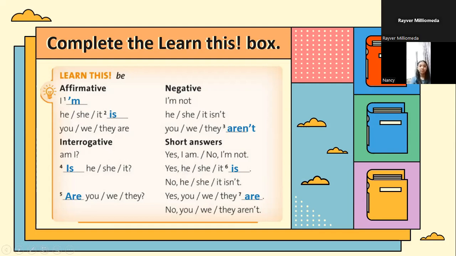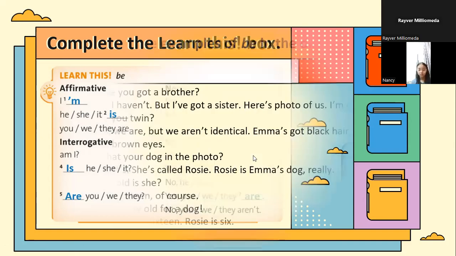Is he going to go to school? Are you with them? In negative, I'm not, he isn't, you aren't. In short answers, yes, I am, yes, he is, no, he isn't, yes, you are, no, you aren't.